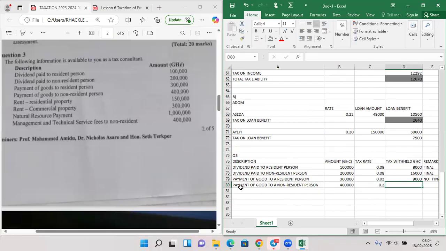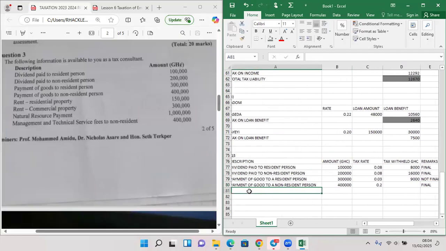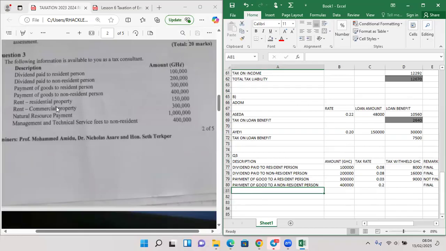I'll come back there. Then this is final. Non-resident is final. Then the next one is rent, residential property. The amount here is 150,000, and its tax rate is 8%.